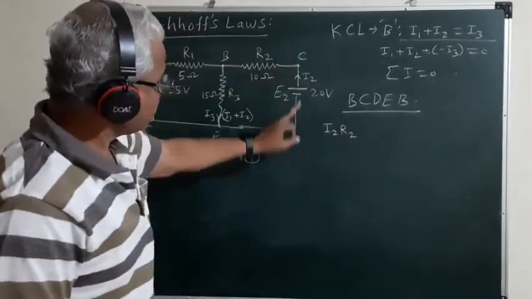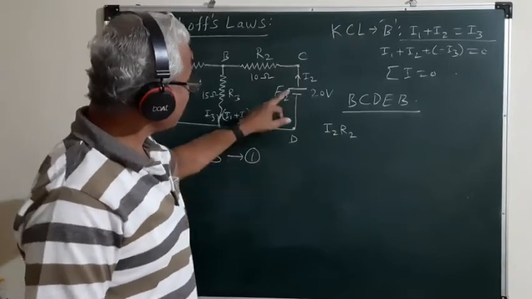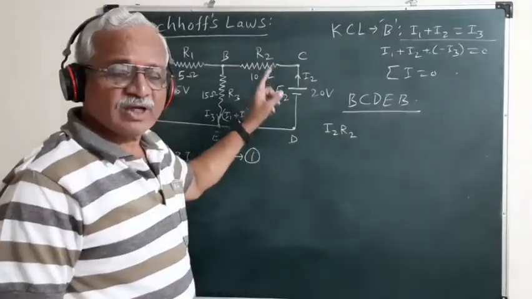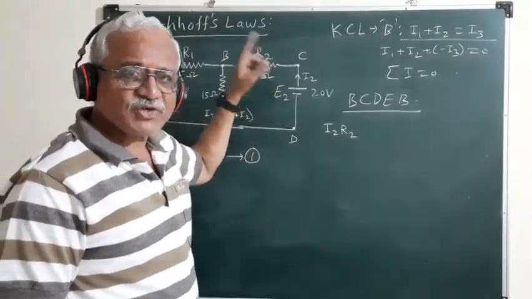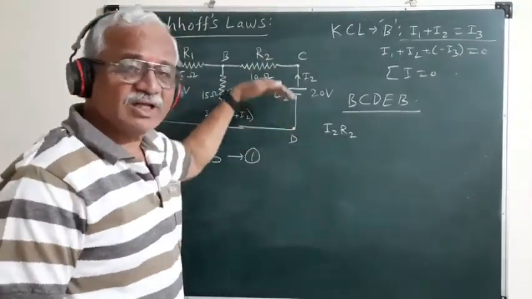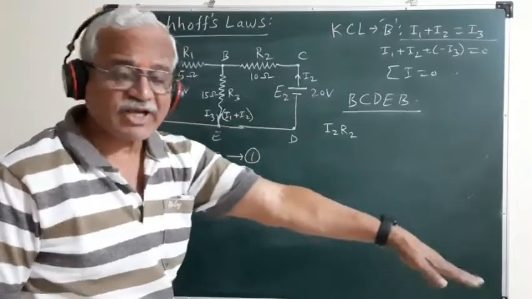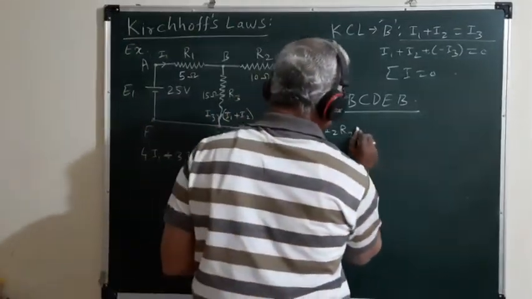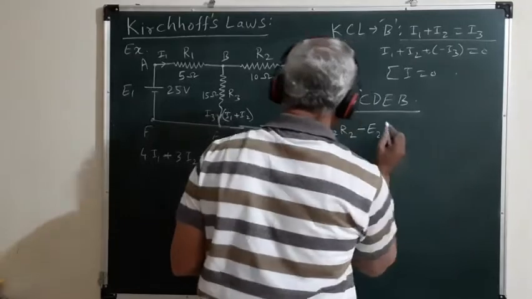The second branch CD contains the source of EMF E2, and while traversing this branch, we are moving from the positive terminal of the battery to the negative terminal, that is in the direction of decreasing potential. So the EMF of this source must be taken negative.